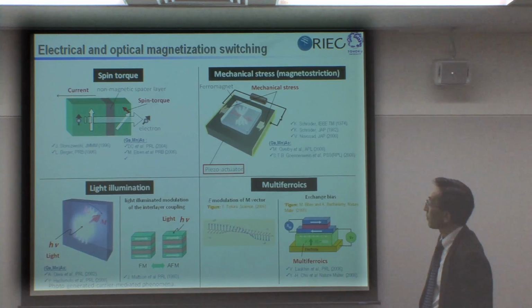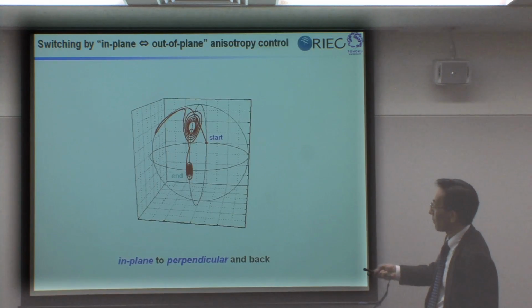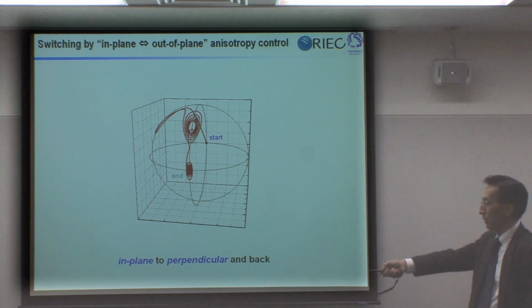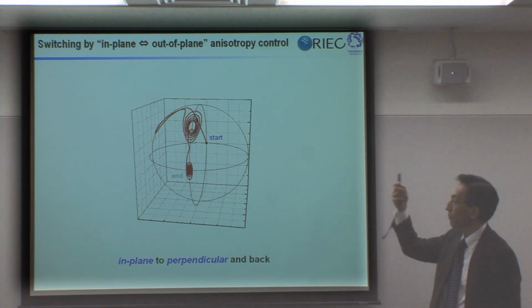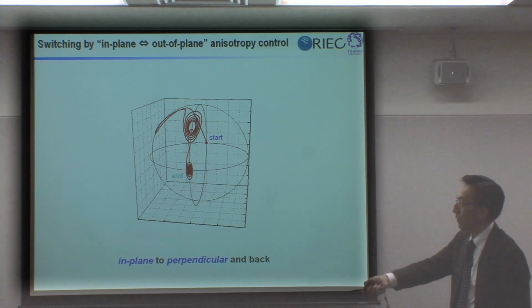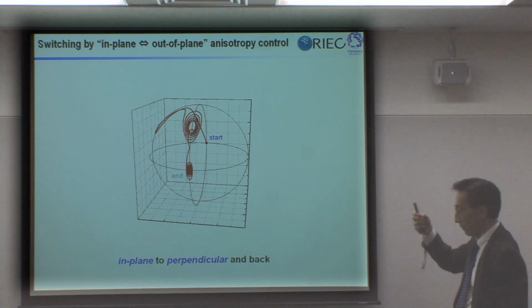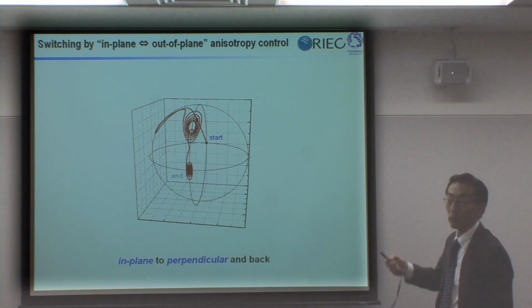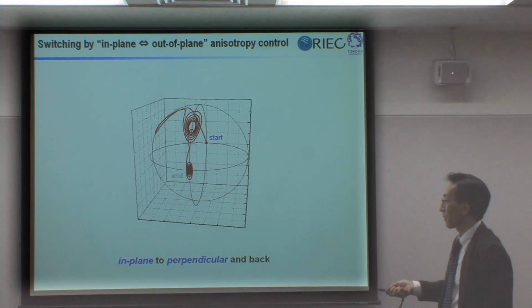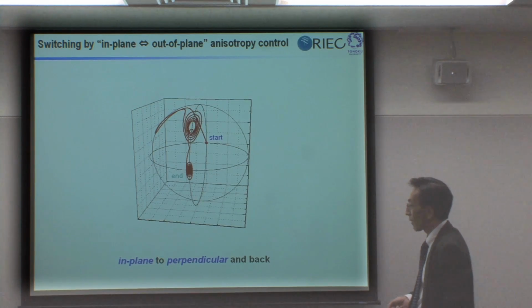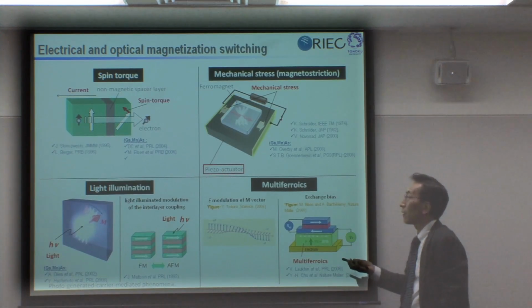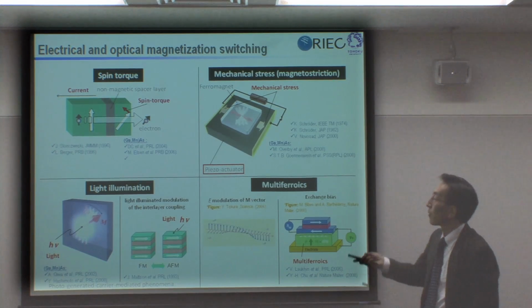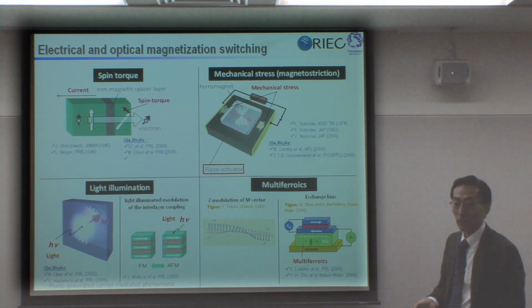Another thing is in-plane to perpendicular and back. So if you can change the in-plane anisotropy, easy axis to perpendicular anisotropy and back, if you make other conditions appropriate, you should also be able to switch the magnetization direction. So what I have shown you here is that other than magnetic field switching, we are using currently spin torque switching.